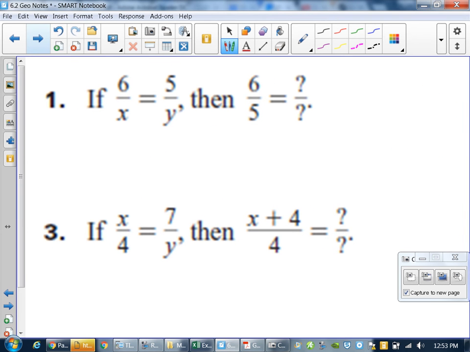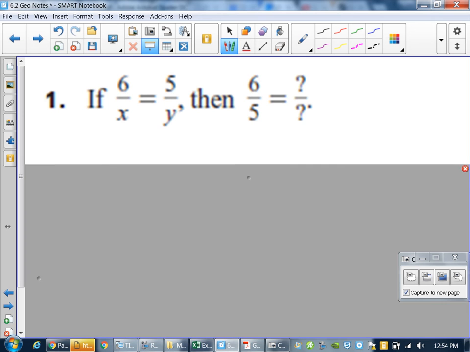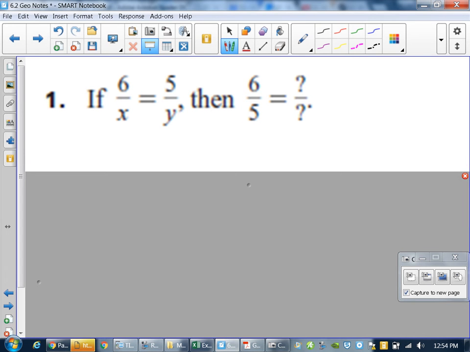If I look at that top one, it says 6 over x is 5 over y. That was your starting point.